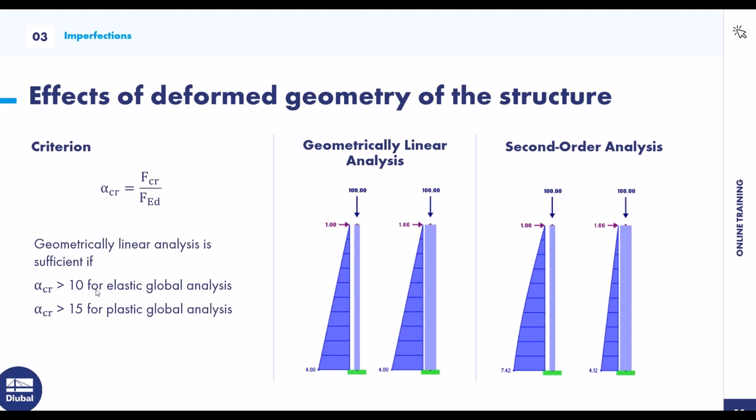If alpha crit is larger than 10, then it's sufficient to apply the geometrical linear analysis for an elastic design. And if you want to do a plastic design, the alpha crit must be larger than 15, then you can also design according to the geometrical linear analysis. Okay.